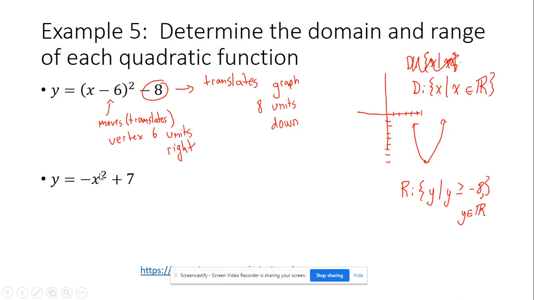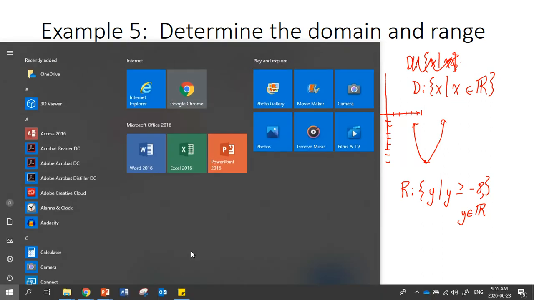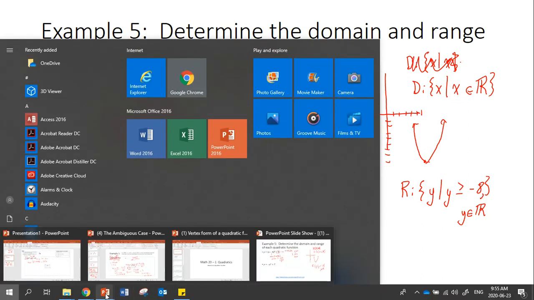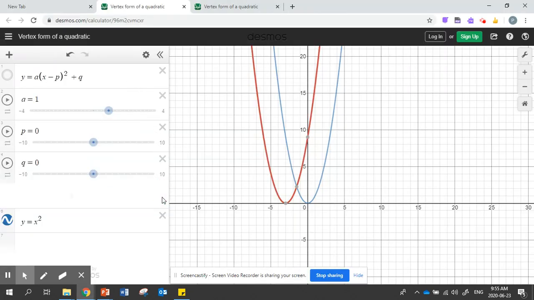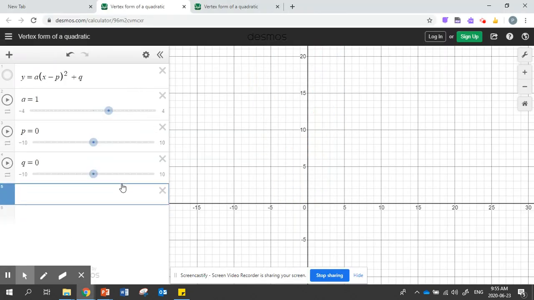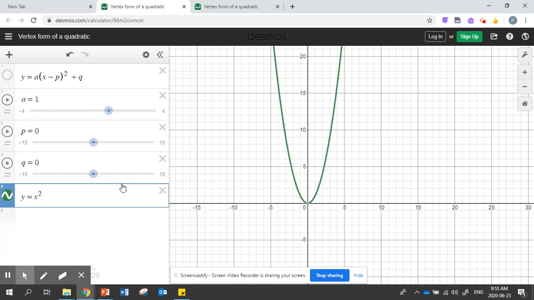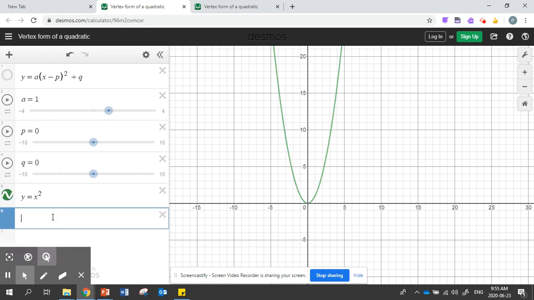All right, now we're talking about this -x² + 7 thing. What's that going to do? So when we do y = x², we have a parabola opening upwards. It's starting here and going upwards like this. Now, what happens if I put a negative out in front of it?